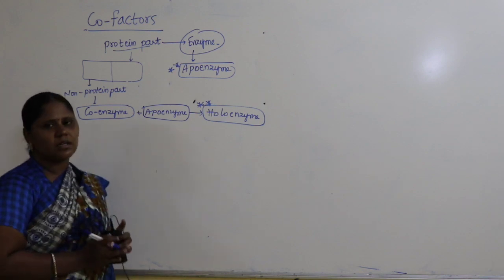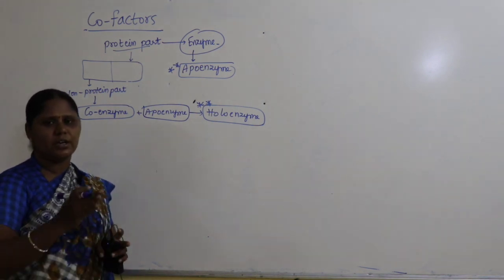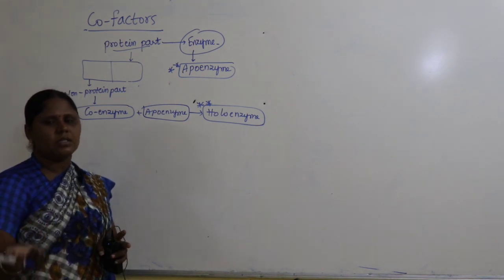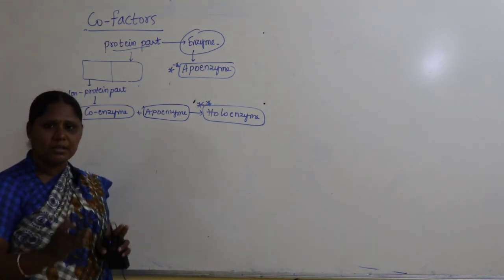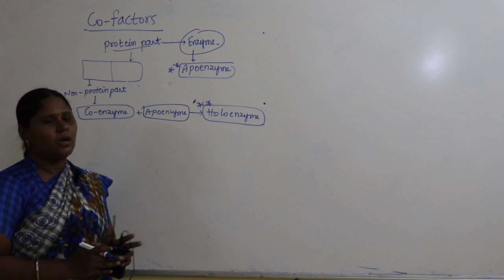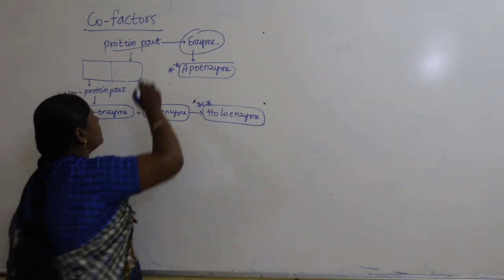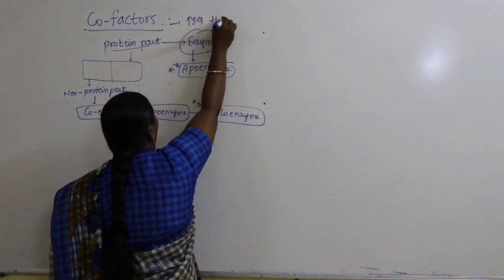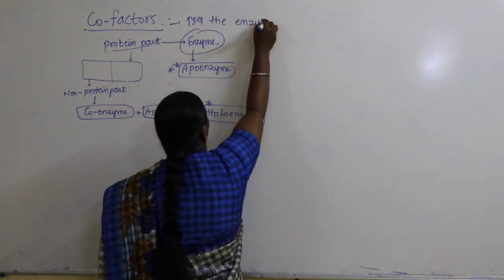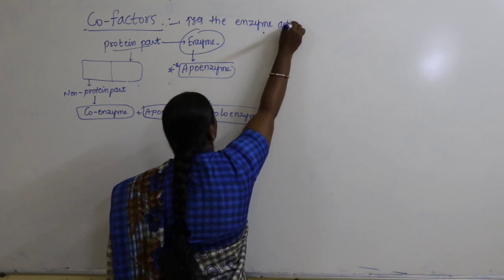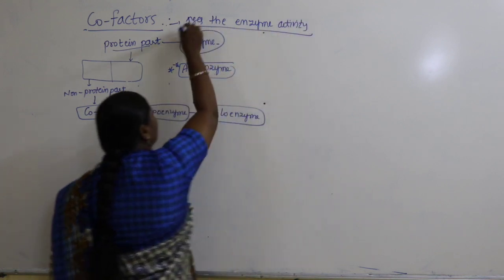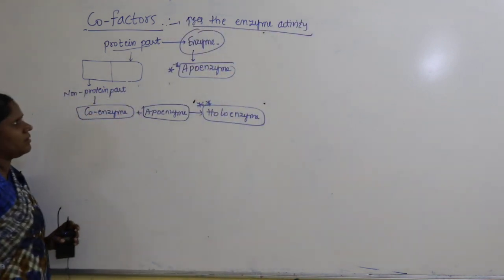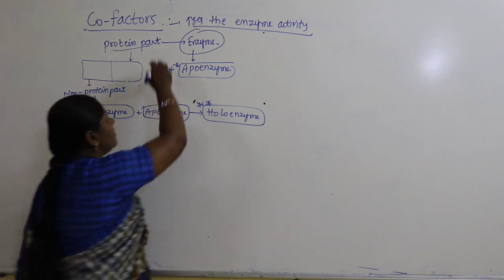Now, what we discussed, inhibitors will reduce the activity of the enzyme. Inhibitors will inhibit the enzyme activity, but cofactors increase the enzyme activity. So what are these cofactors?